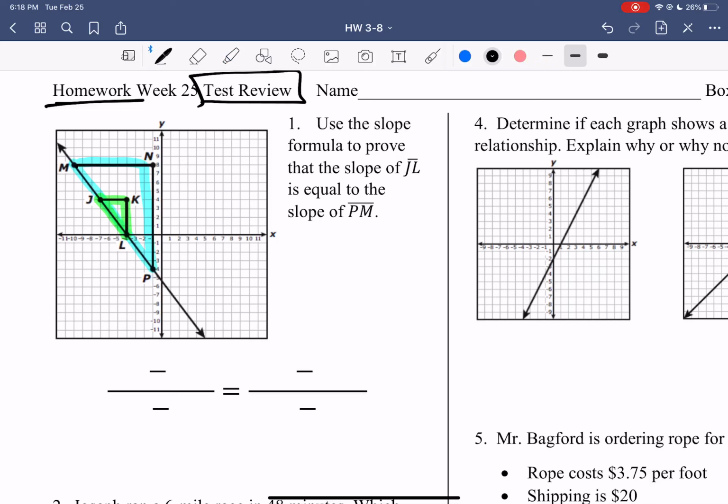They both share this line right here, their hypotenuse. Since they both share this line, we're using the slope formula to prove that this portion of our line, line PM, has the same slope as line JL.